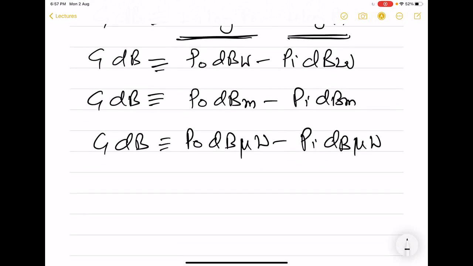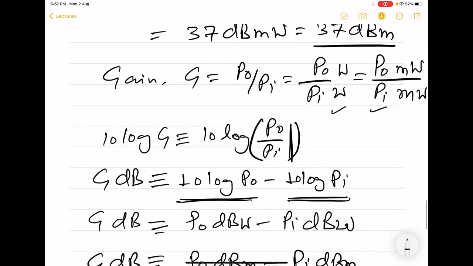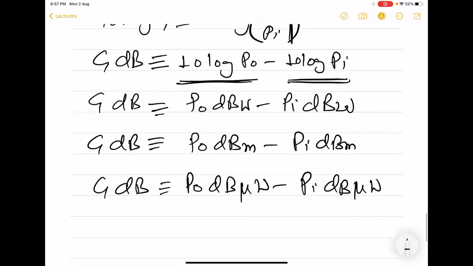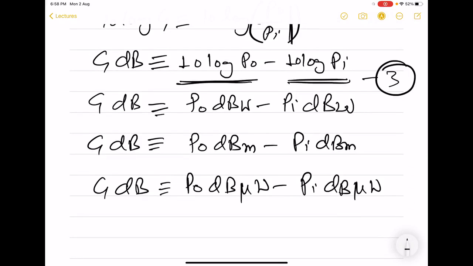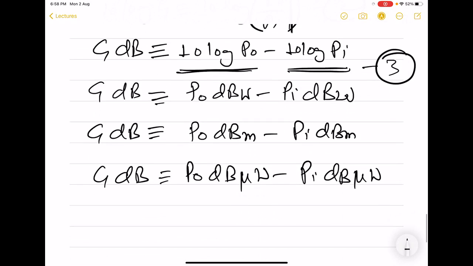So now we'd like to see what will be their plot. That means plot of, say, this equation 1 and this equation 3. Let us call this as equation 2 and this as equation 4.